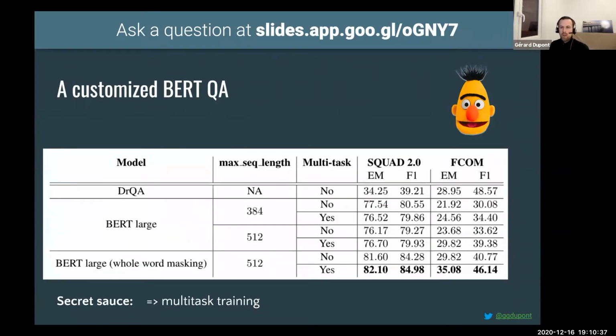Quick analysis that we have done offline for this study. We compared BERT, which we retrained and adapted for multitask, and DrQA, which is a model from Facebook. What is important is the multitask part, which was a big gain for us, which is actually just retraining the model so it can reject questions where it is almost sure you don't have the answer.